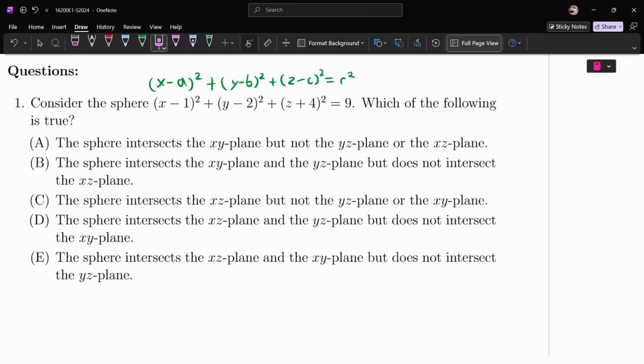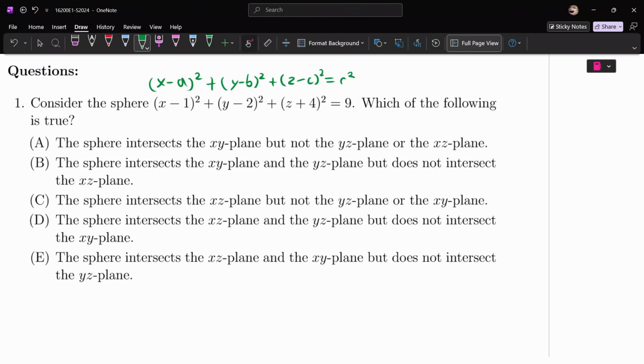Applying that to the given sphere here, we see that we'd have an a value of 1, a b value of 2, and a c value of negative 4. It's negative because we have a positive here, so the sign was flipped. And then we can see that we have a 9 here, which would be our r squared value.